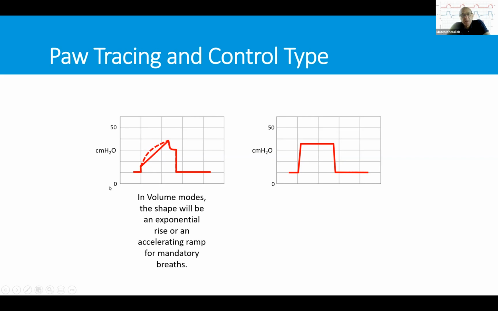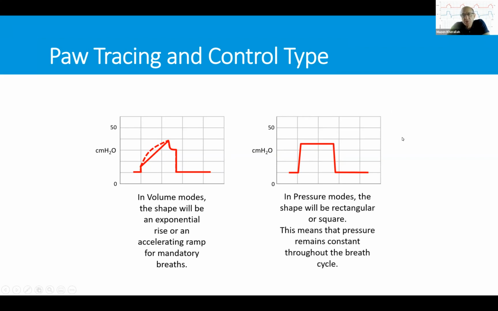The shape will be an exponential rise or an accelerating ramp for any mandatory breath. You can see a concave or convex shape in the pressure, dependent on what exactly is the level of PEEP that you have in the system and how much the patient is participating in terms of pulling down this pressure.